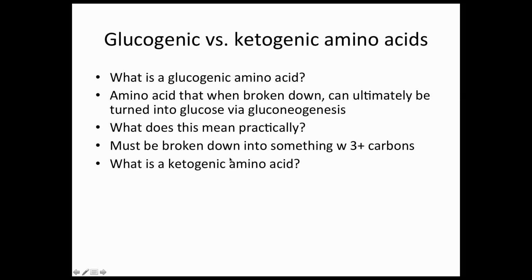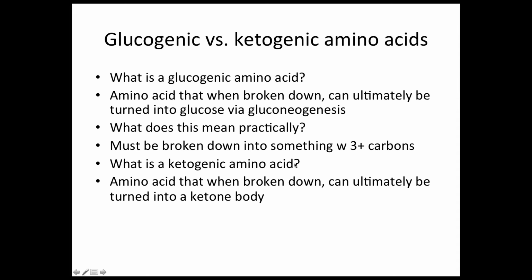So what is a ketogenic amino acid, Daniel? Something that couldn't be turned into glucose, so it would only have like 2 carbons. Perfect. Be turned into ketone bodies. Exactly. It's an amino acid that, when broken down, can ultimately be turned into a ketone body, but not necessarily something that can be turned into glucose.